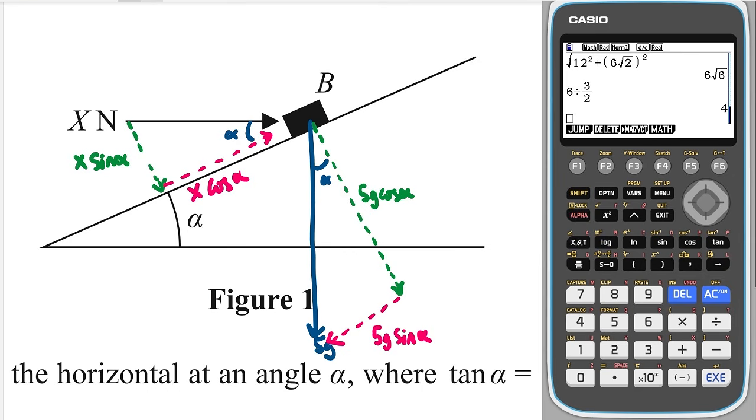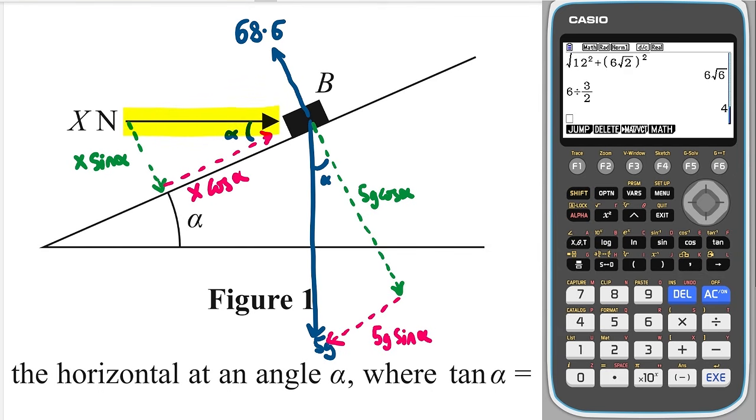Okay, still got some more forces to add on. The normal reaction force, which we were told was 68.6. And finally, friction. Now this question is a bit tricky because we're not actually sure which way friction works, because this force here is keeping the object in place.